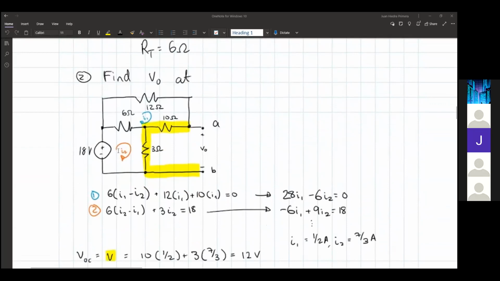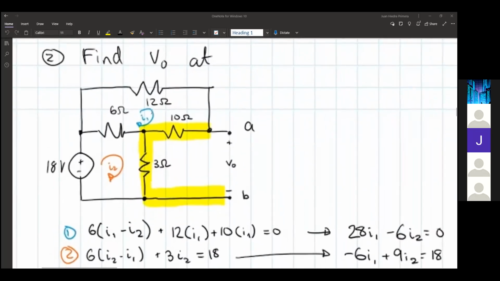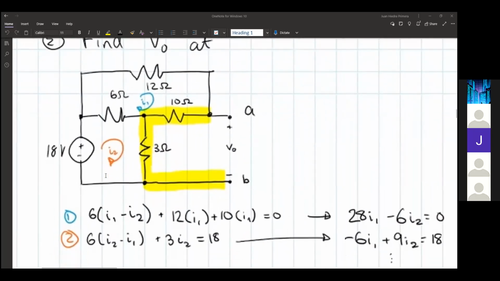So we find the mesh currents. We set two currents, I1 and I2, and we perform Kirchhoff's voltage law to find voltage loops. So 6 times (I1 minus I2), because note current 2 is traveling through the 6 ohm resistor the other way, plus 12 times I1, plus 10 times I1 equals 0.